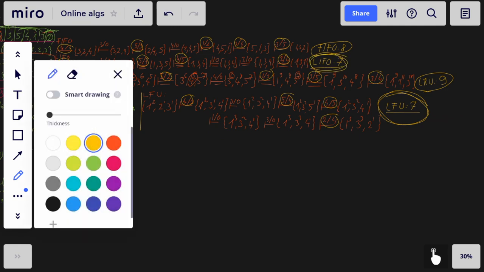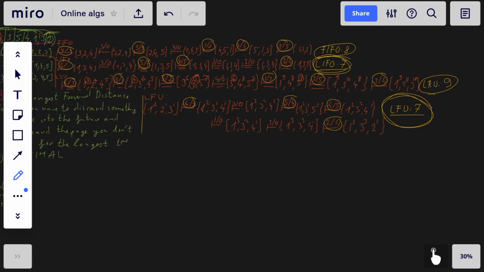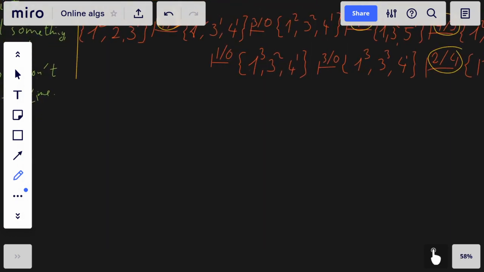Now, it can be seen as a practice session, but we will first show that neither of them is competitive for any constant. So this can be a statement, for example.